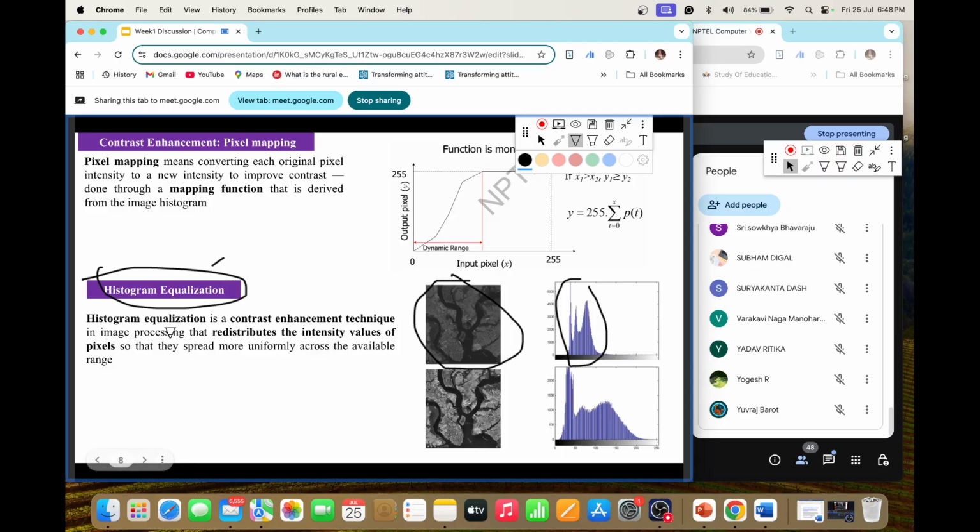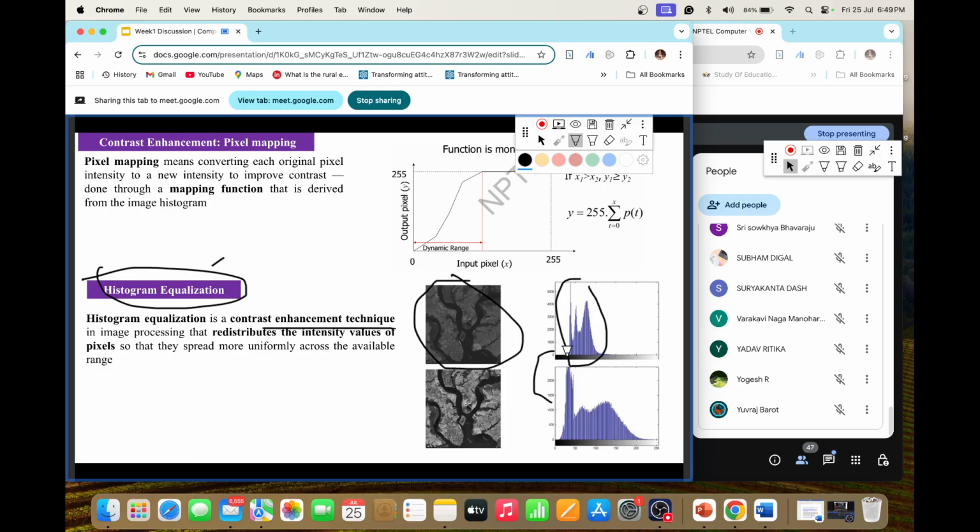Histogram equalization is a contrast enhancement technique that redistributes the intensity values of pixels so that they spread more uniformly across the available range.